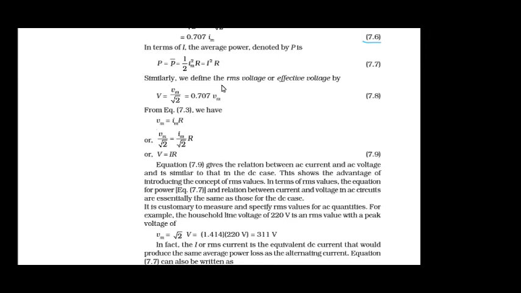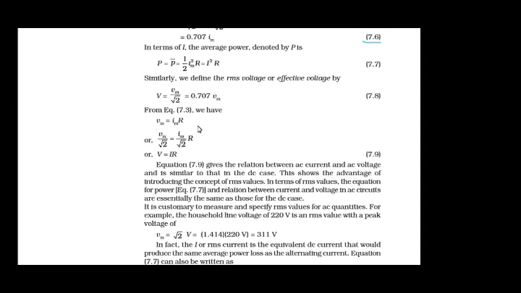Similarly, we have defined the RMS voltage or effective voltage by V is equal to Vm by root 2, that is 0.707 Vm. In equation 7.3, we have Vm is equal to Im multiplied by R, that is Ohm's law. So we can divide by root 2 on both sides.